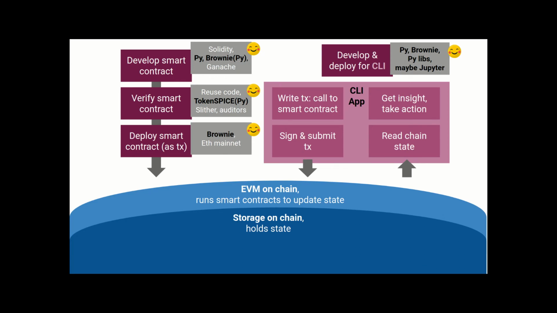So what does this look like from this conceptual picture? Well, developing smart contracts, you've got some Solidity, but it's now a lot more Python and Brownie Python. For verifying smart contracts, yes, there's code reuse, but now you're leveraging TokenSPICE a lot. For deploying smart contracts, you're using Brownie. For developing and deploying, don't focus on the web apps.